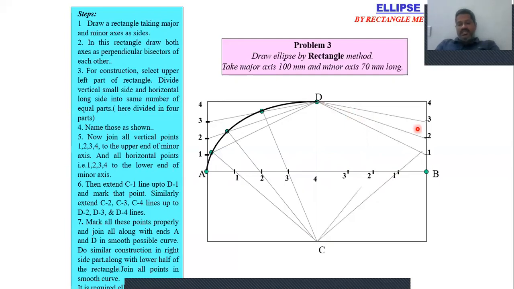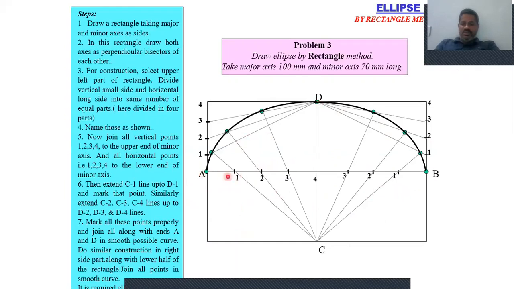So now you can see C2 dash up to 2, C3 dash up to D3 like this. We will get the points like this. So we already have one point here, second point, third, fourth point, and then we have the D point. So we will get the points like this. Okay. So after getting all these points, join them with a smooth curve to get some portion of the ellipse. So repeat all these steps for the bottom portion of this block.